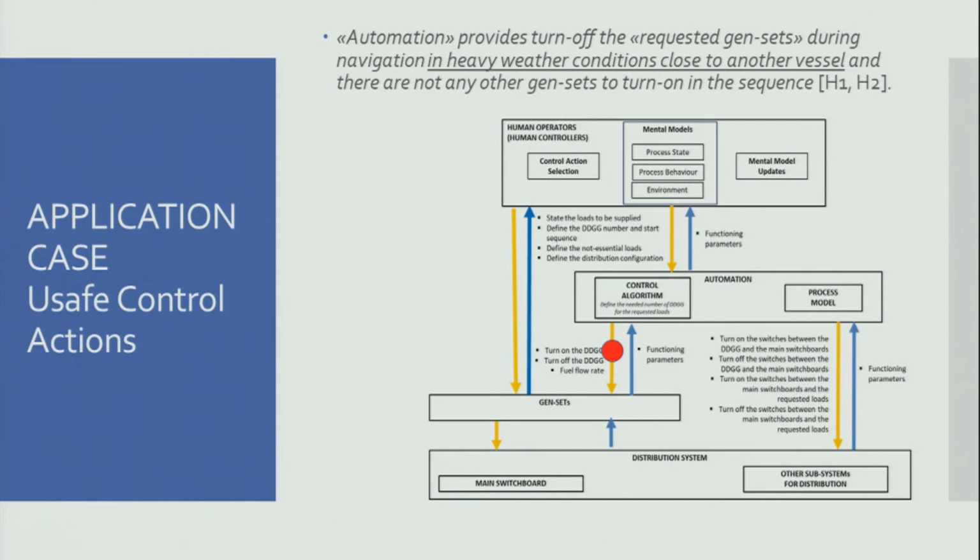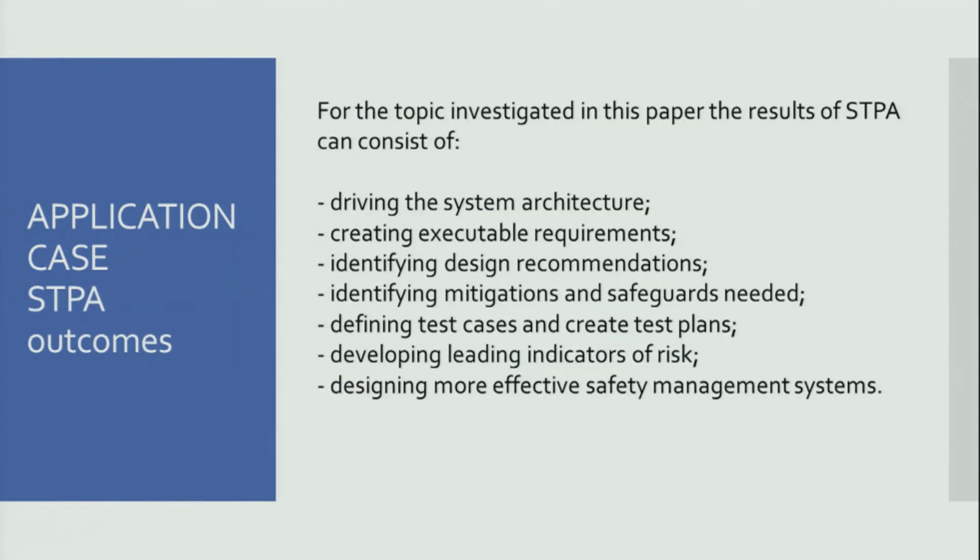The outcomes that you can get from STPA are this list. Let's say that maybe in this context we are interested in identifying design recommendations and identifying mitigations and safeguards that are needed. So it is the final aim that we have.